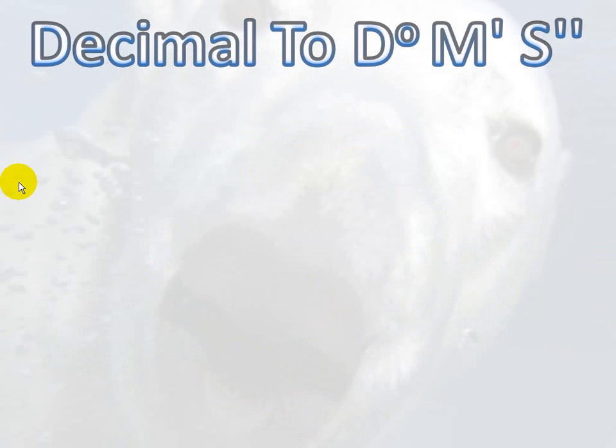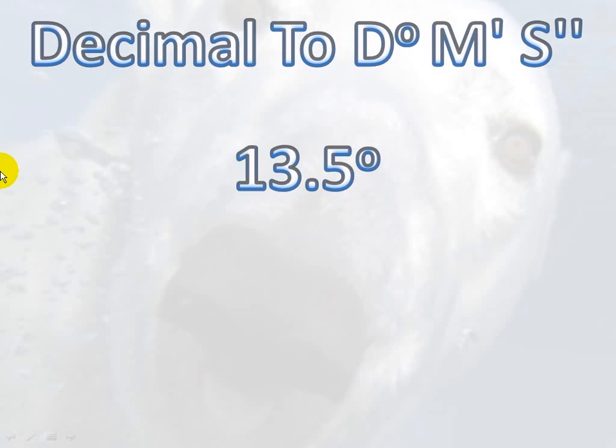Now, let's look at how we would convert from the decimal representation of degrees and fractions to degrees, minutes, and seconds. So let's suppose that we have 13.5 degrees. Here we have base 10.